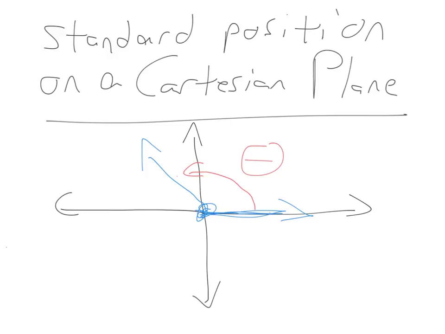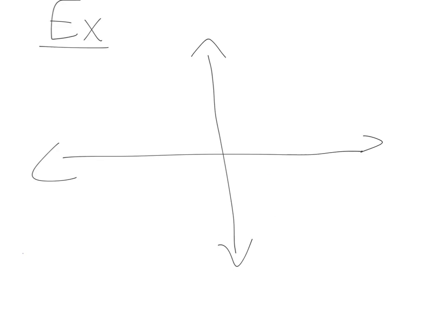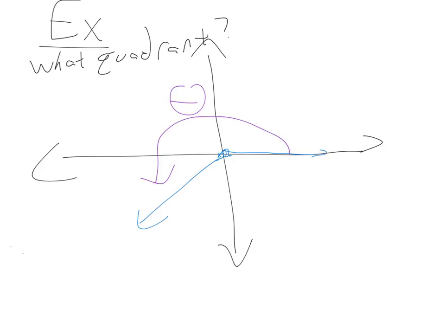Also keep in mind that whatever quadrant the terminal side is in, we say the angle lies in that quadrant. So for example, what quadrant is this angle in? You know it's in quadrant 3.